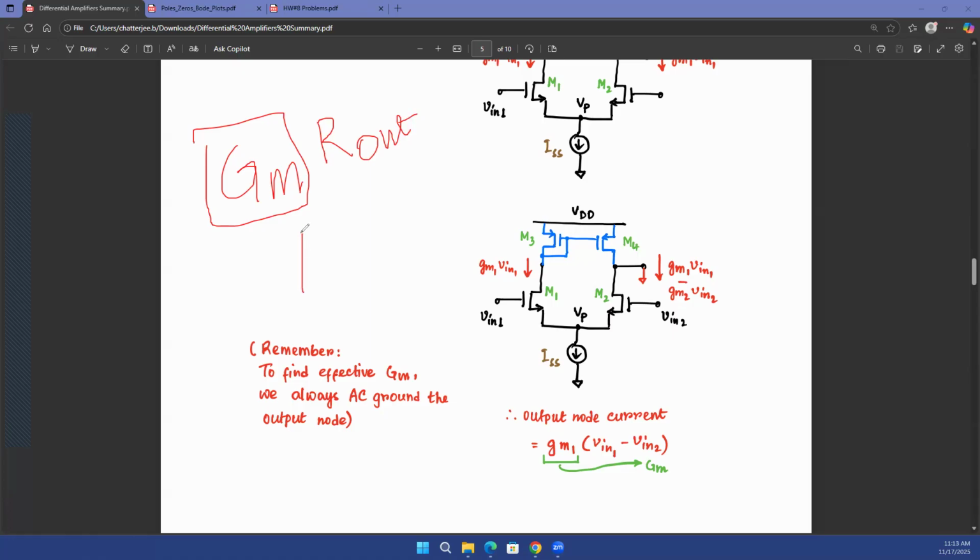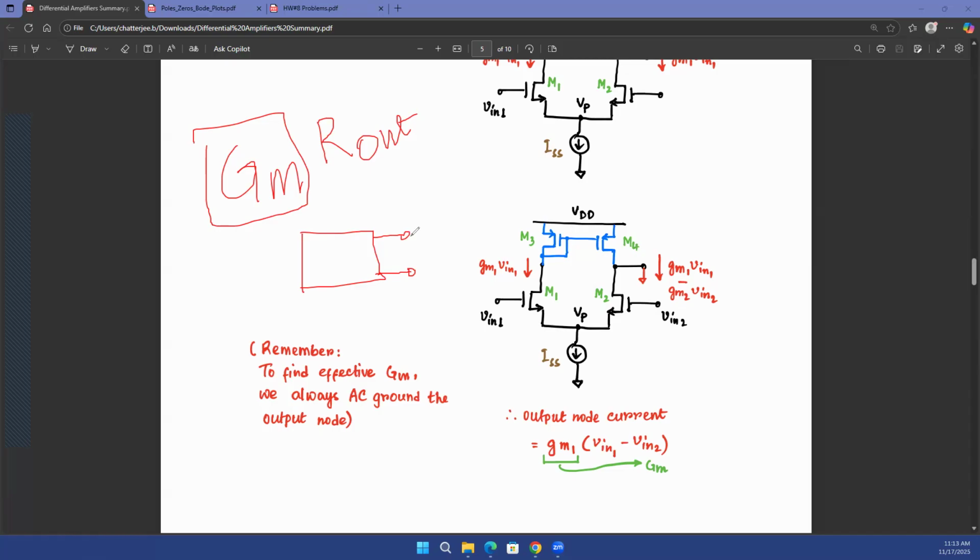Now, if my output is current, again, something we looked at in the single-ended scenario, I'll repeat it once again: I have a black box, and that black box is my Norton equivalent circuit. Why is it the Norton equivalent circuit? Because I want to find the output current. For a Thevenin equivalent circuit, the output terminals are open, so there is no current flowing in the output for the Thevenin equivalent.